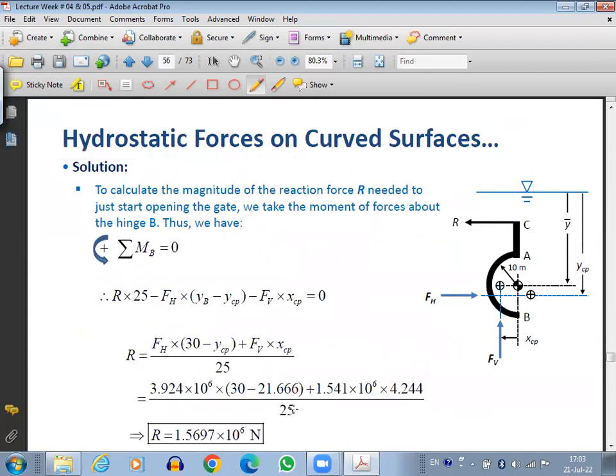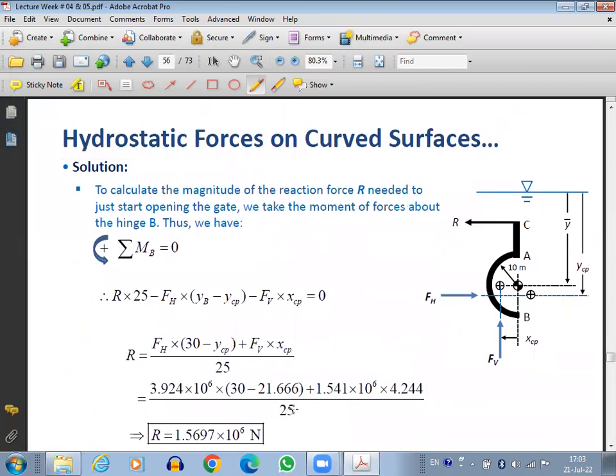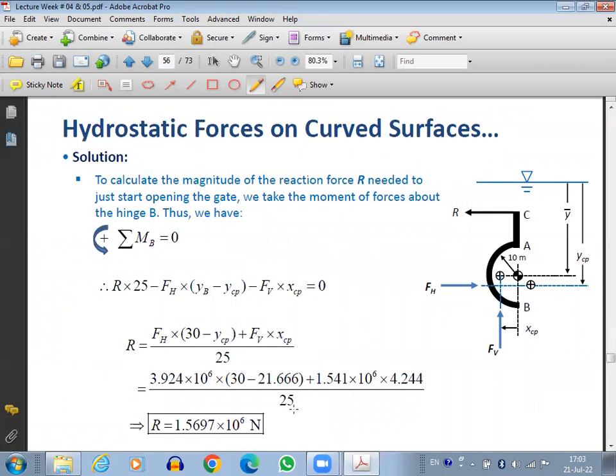Now you have the x and y components of the forces available. The only thing you need to know now is what force R is needed here to open the gate. So we can take the moment at the hinge, which is here.